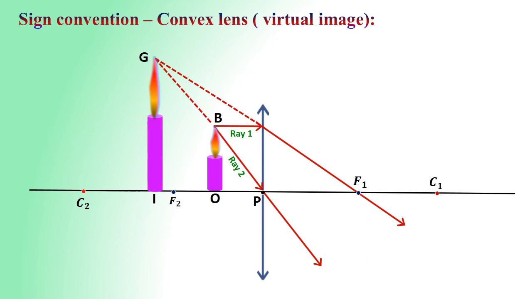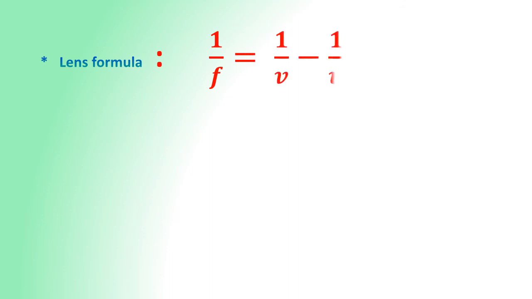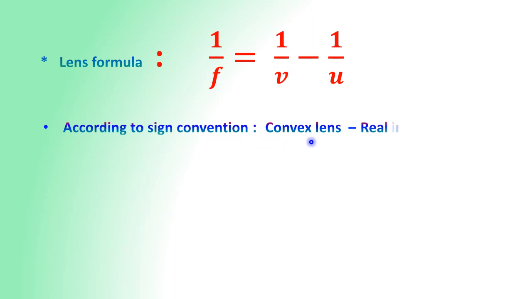Now, here is the lens formula. When the convex lens forms a virtual image, this is the virtual image here. You know that the lens formula is 1 by f equals 1 by v minus 1 by u. Just now I told you that when the object is placed between the optic center and the focal point, the virtual image will be formed on the same side of the object.